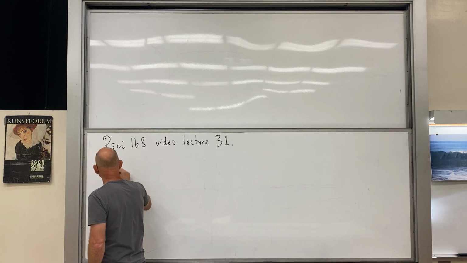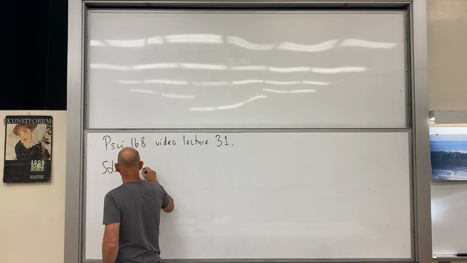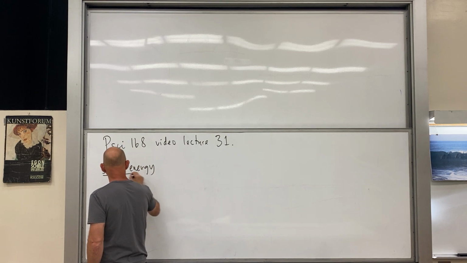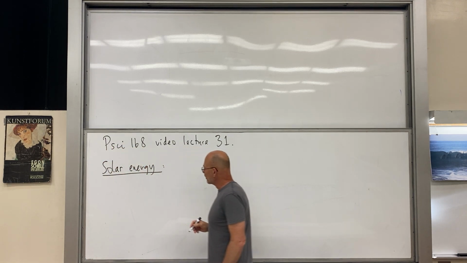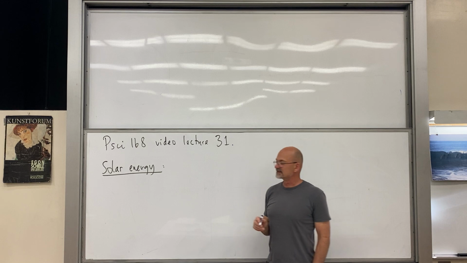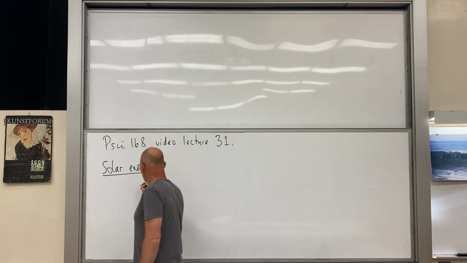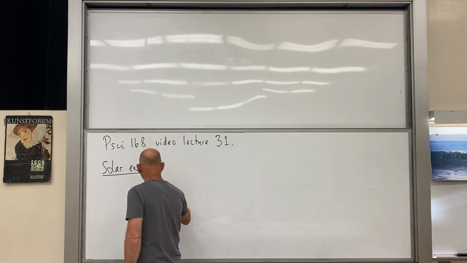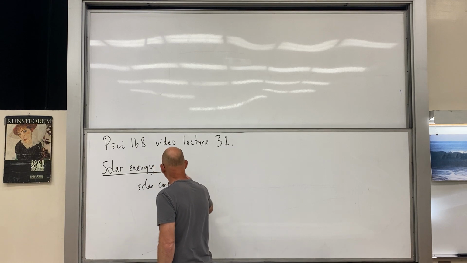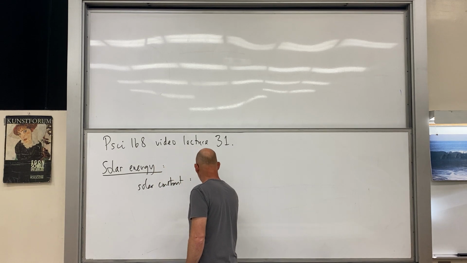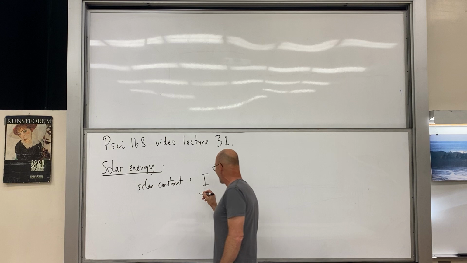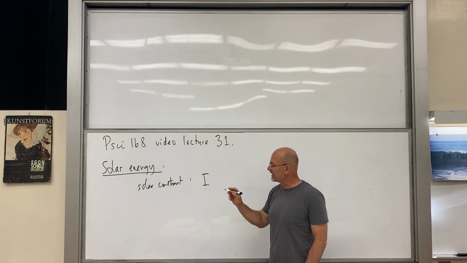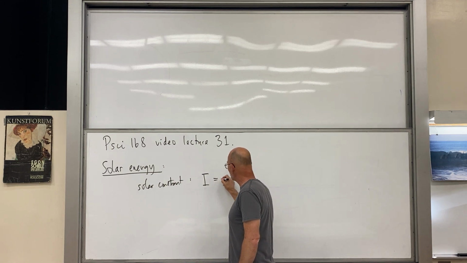So solar energy, what we discovered was the solar constant. That told us how much energy is available, and it's an intensity, which means it is power per area.